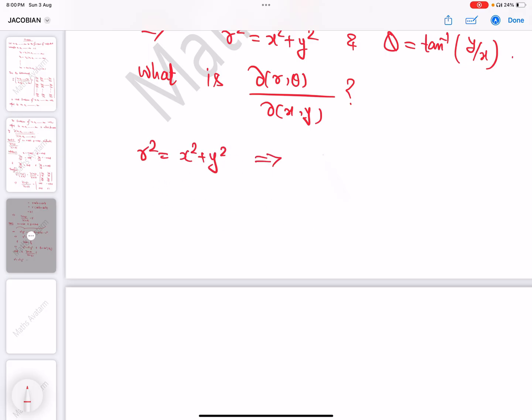So this will imply, differentiating both sides with respect to x, 2r del r upon del x is equal to 2x. 2 will be cancelled out. This will be del r upon del x is equal to x upon r.